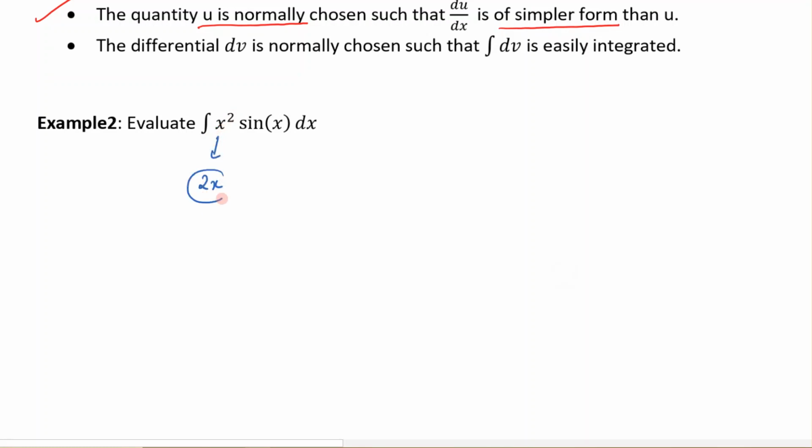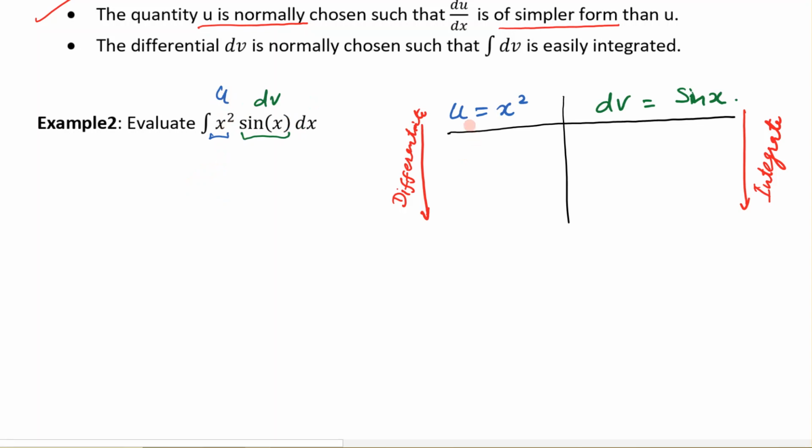So this will be our u, and the other one will be our dv. So du would be 2x dx, and taking the integral of dv, we get v is equal to integral of sine, which is negative cosine x.